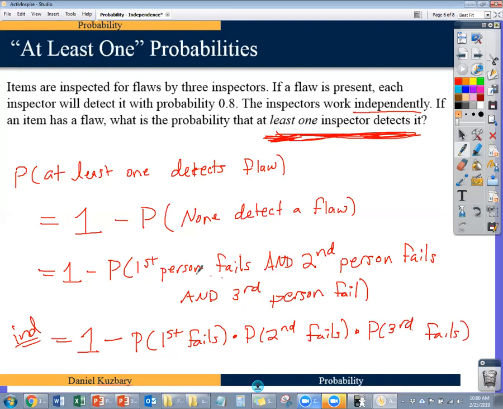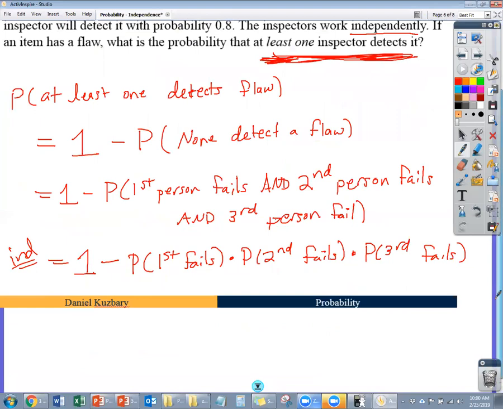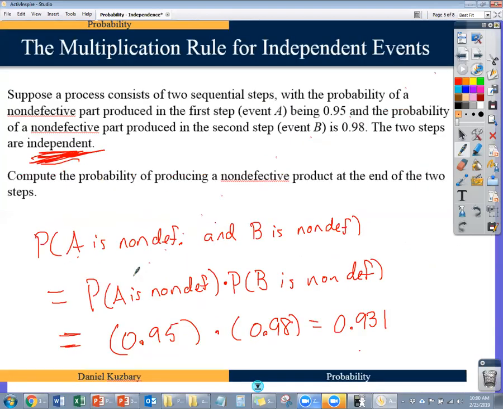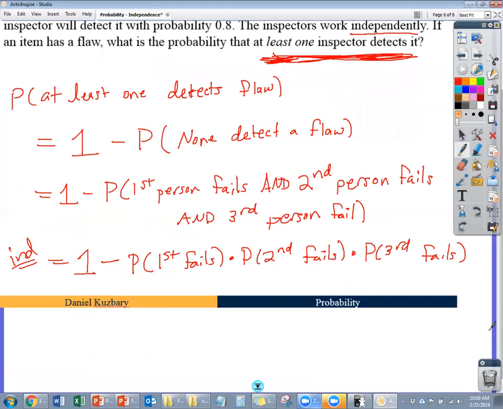So I took these ands, these three events, and I broke them up into three different probabilities because they're independent. That's kind of like what I did here. I have this and that, and I broke them up into two separate things because they're independent. And I'm multiplying these together when I get my final answer. If you're not really clear how I did it, I'd go back and watch this part because this is the tricky part.